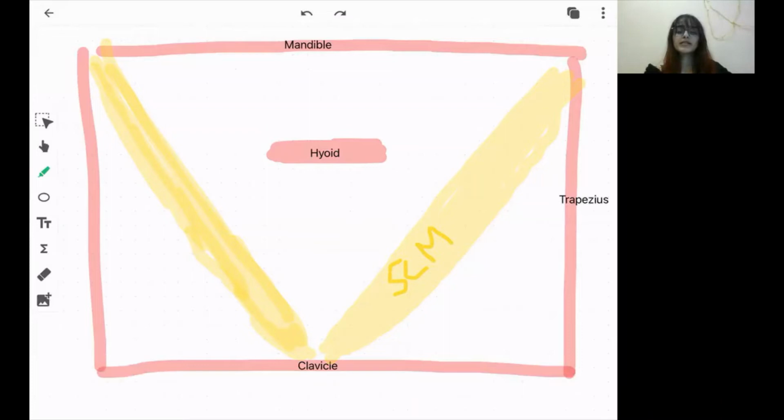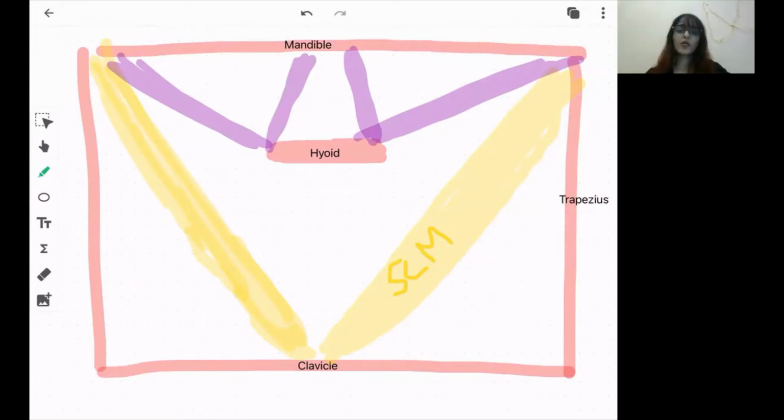So the next muscle will be the digastric muscle. It has two bellies, the anterior and the posterior belly. It goes from the mandible and it inserts again in the mastoid process. So this is your digastric muscle, and both the bellies are attached to the hyoid bone. So next is the omohyoid muscle. The omo means basically your scapula.